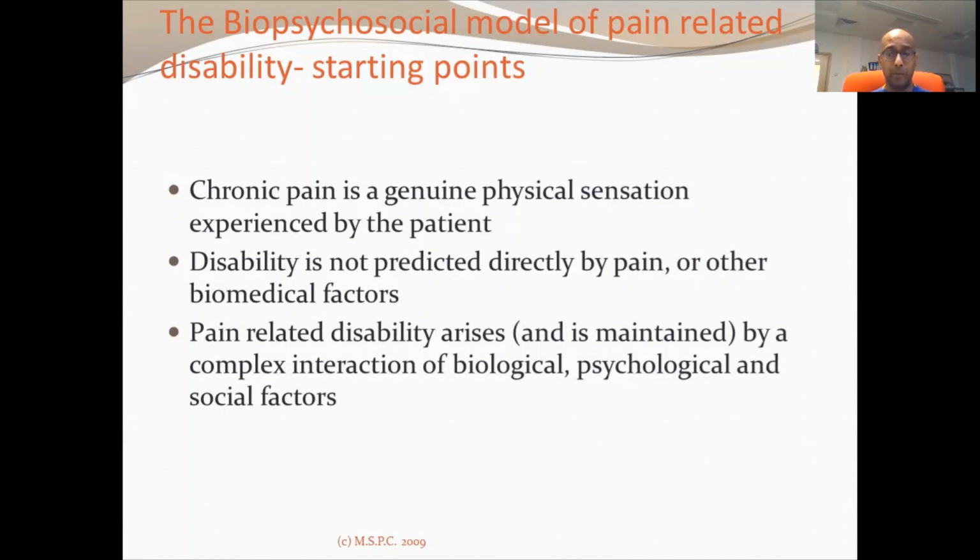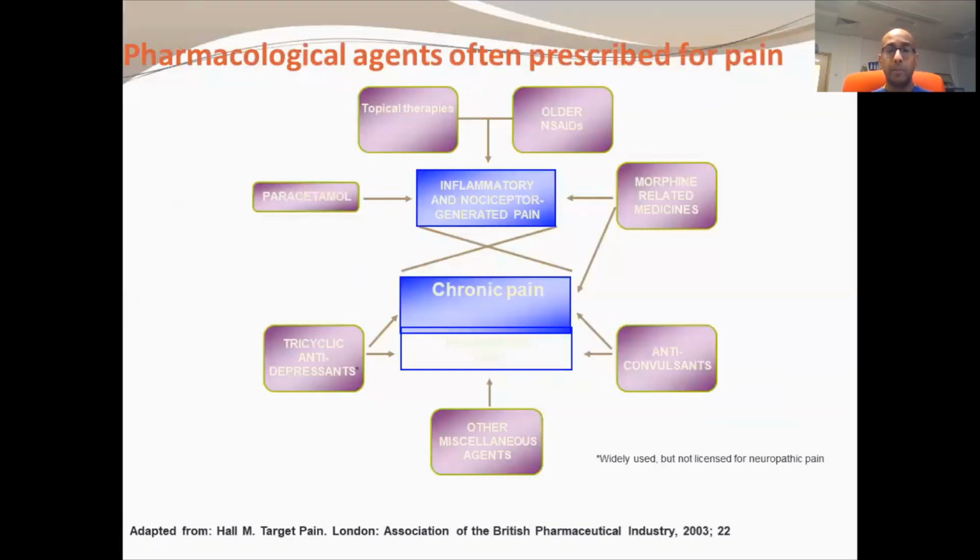So, for instance, by trying to improve sleep, we may improve quality of life despite the fact that pain stays the same. We've talked about some of the pharmacological agents that we use, be that tricyclic antidepressants, opioids, or other neuropathic agents, and I think they all have a role to play, used judiciously and carefully selected according to the stage of disease that the patient is in and the side effects that they suffer as a result of their organ system dysfunction.